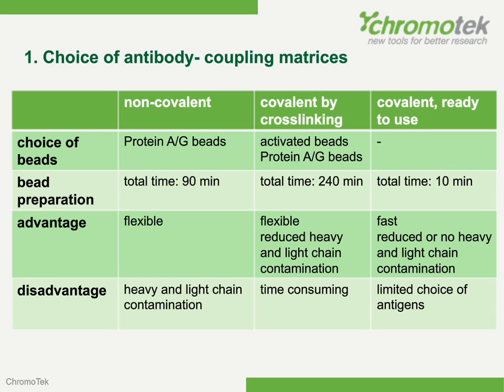After choosing your antibody, you have to choose your matrix. So often, antibodies are coupled to protein A or G beads, since many antibodies are bound by protein A or G. Using protein A or G beads, you are very flexible.